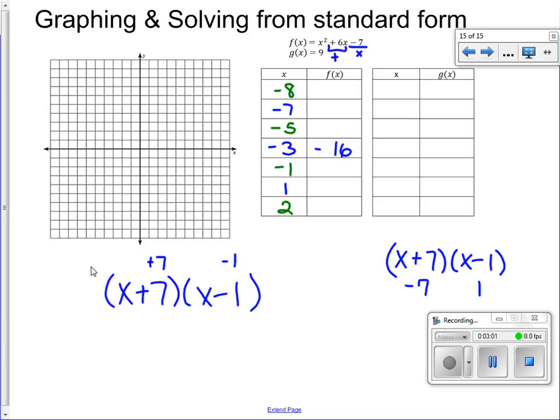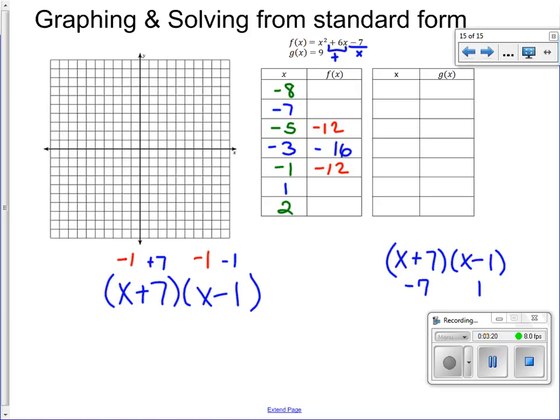We're going to switch colors. Well, negative 1 plus 7 is 6, and negative 1 minus 1 is negative 2. So multiply it together, that'll be negative 12, which means this should be negative 12. All right.